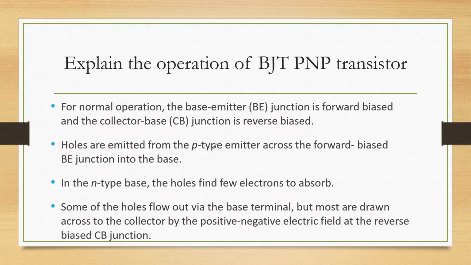Holes will be emitted from the p-type emitter across the forward biased PN junction into the base, and in the n-type base the holes find a few electrons to absorb and float outwards from the base, and the remaining holes will flow out via the base terminal. Most of them will be drawn across to the collector by the negative electric field at the reverse biased junction.